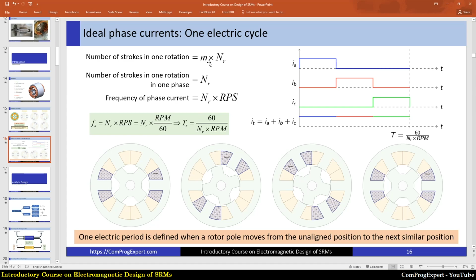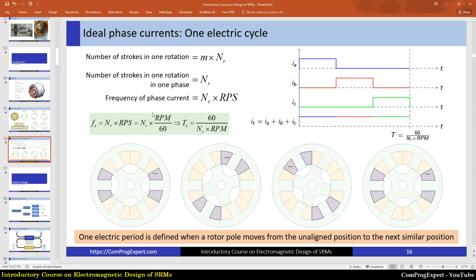M is the number of phases. So the number of strokes in one phase in one rotation is equal to NR. The total number of strokes in one rotation is M times NR.